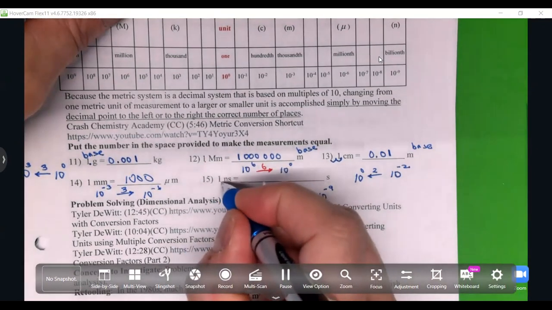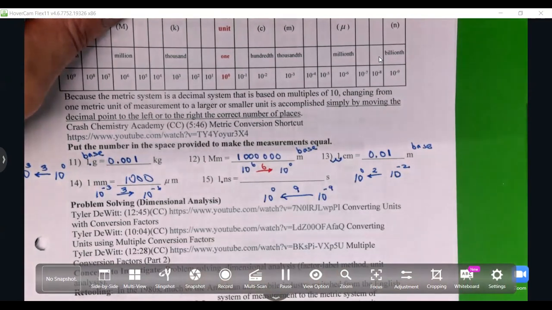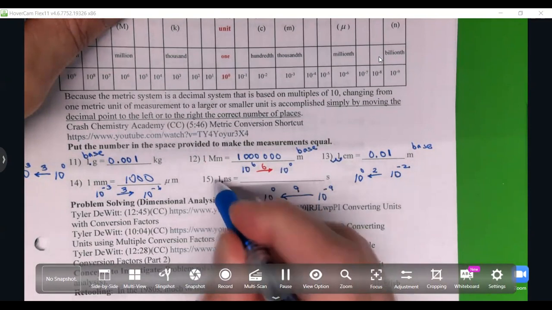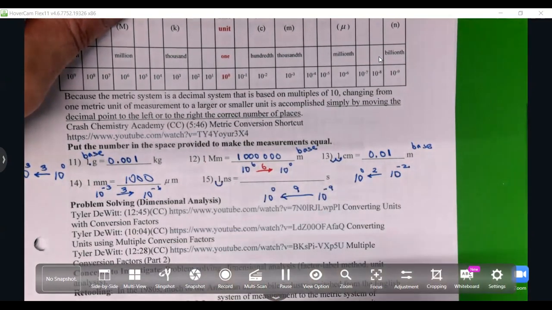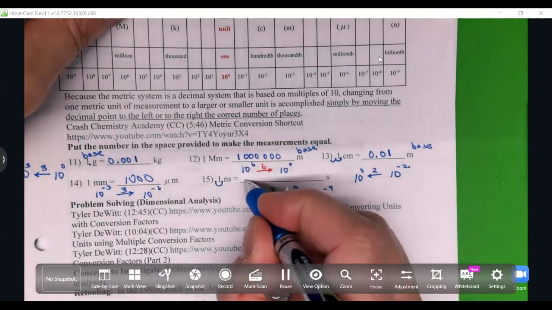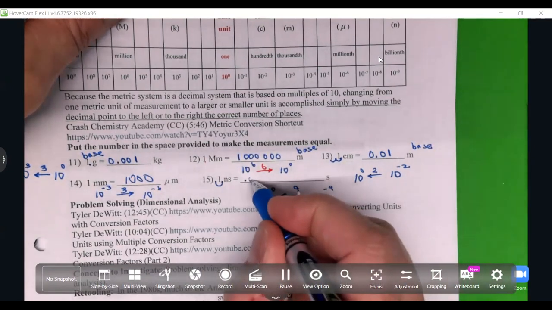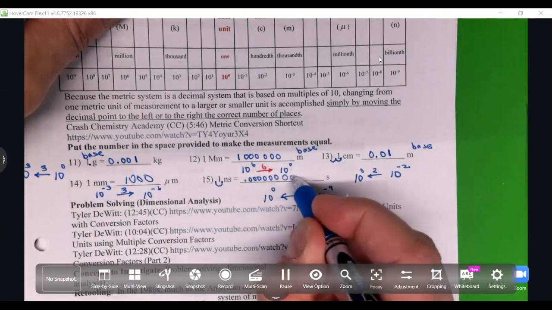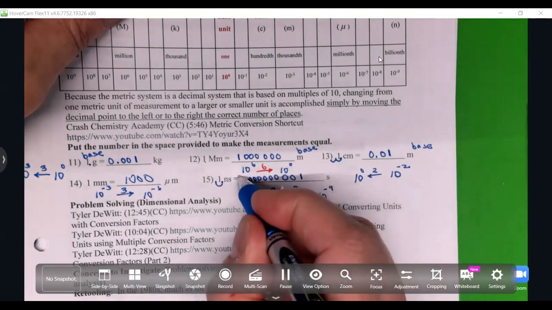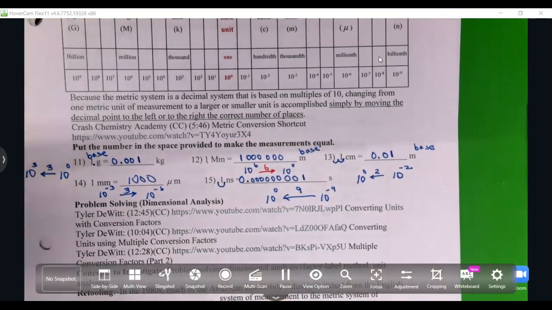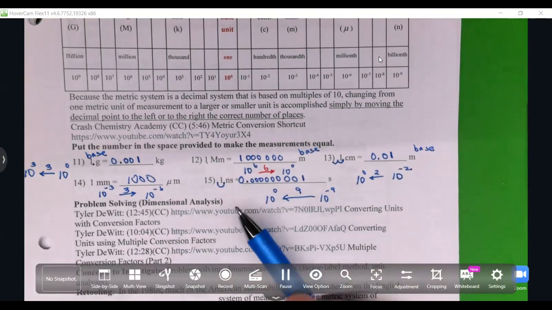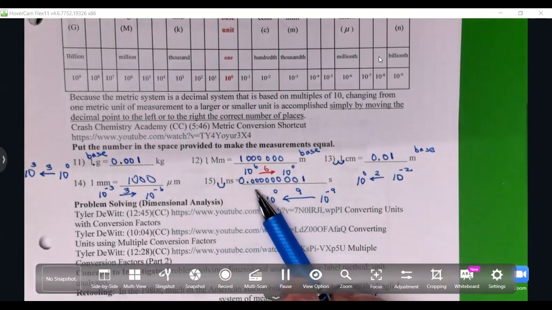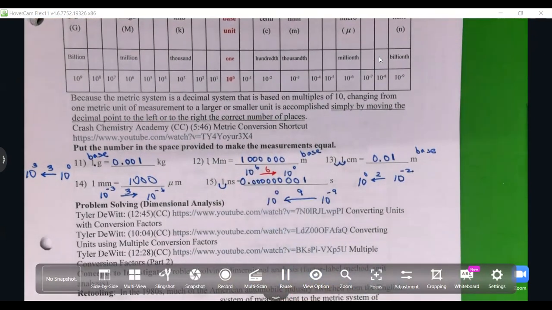So I have my decimal point right here, and right there's 1 place to the left. So I should have a decimal point with 8 zeros. 1, 2, 3, 4, 5, 6, 7, 8, and a 1. And I'll put a 0 in the front. There should be 8 zeros there. So 1 nanosecond is 0.000000001 seconds.